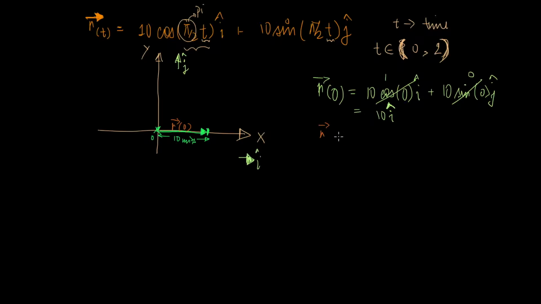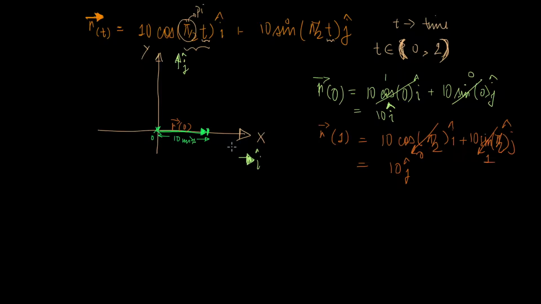We do the same thing for r of 1, that's at 1 second, and we get 10 times cosine of pi by 2 times 1, which is pi by 2, i cap, plus 10 times sine of pi by 2, j cap. We look into the tables of sine and cosine functions, and we get to know that the value of cosine pi by 2 is 0, so it's opposite from what we had in the previous case, and sine pi by 2 is 1. Therefore, you only get the contribution from the second term, and that is 10 j cap.